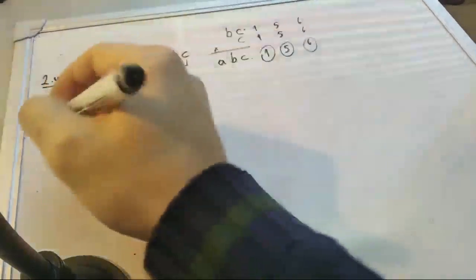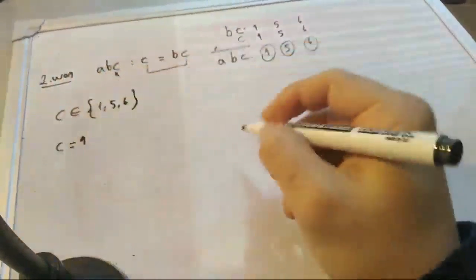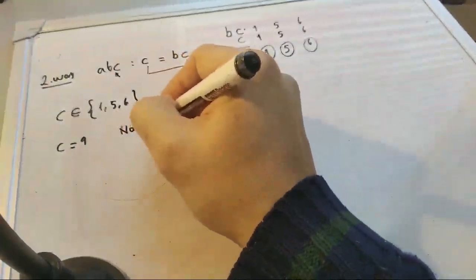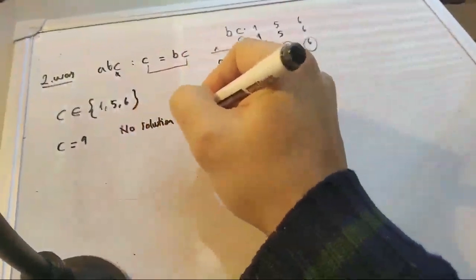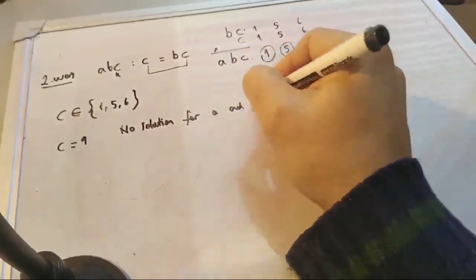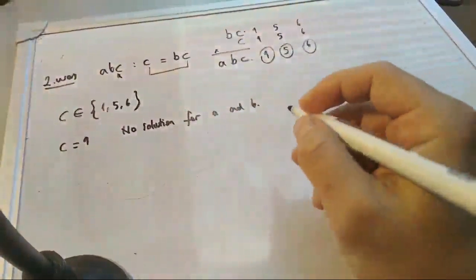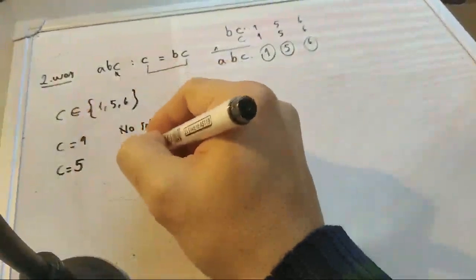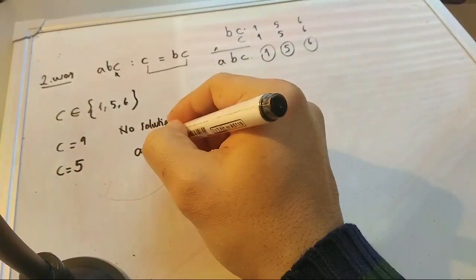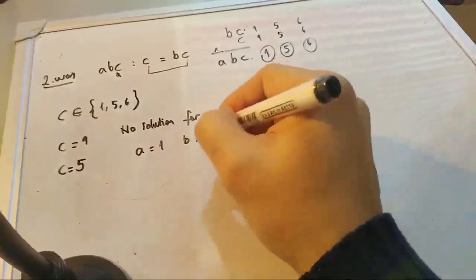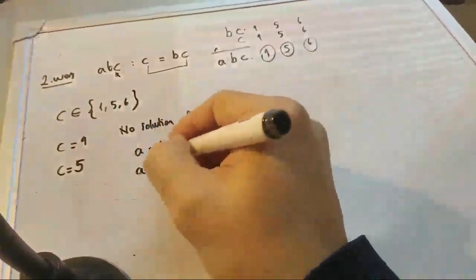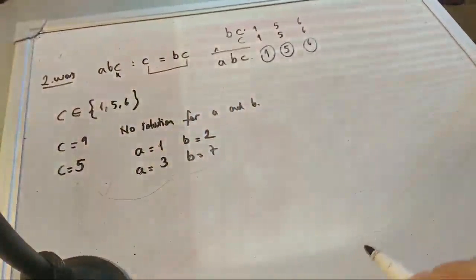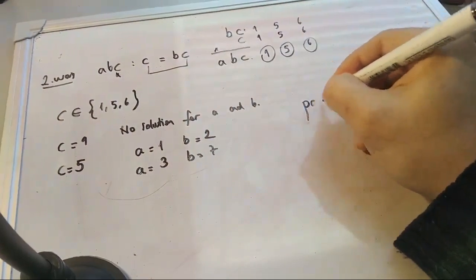For C is 1, no solution. For A and B, you can check it. For C is 5, we will get A is 1, B is 2, and A is 3, and B is 7. Practical way.